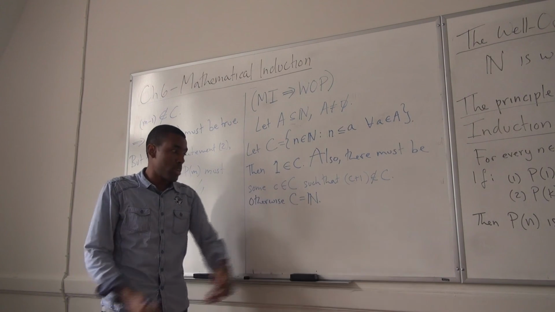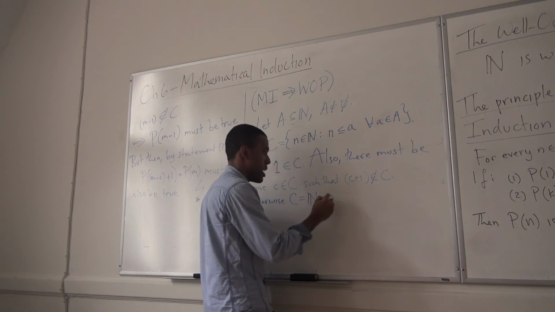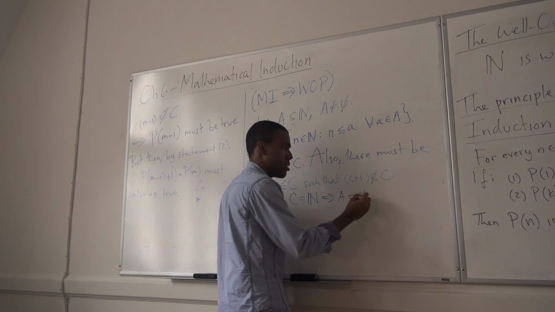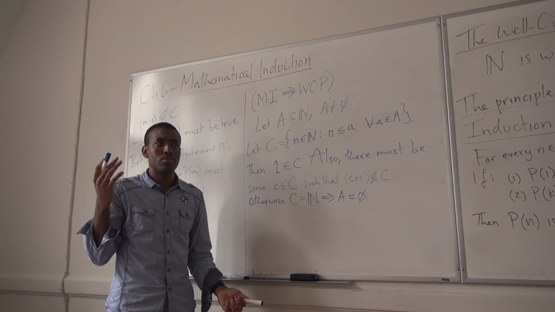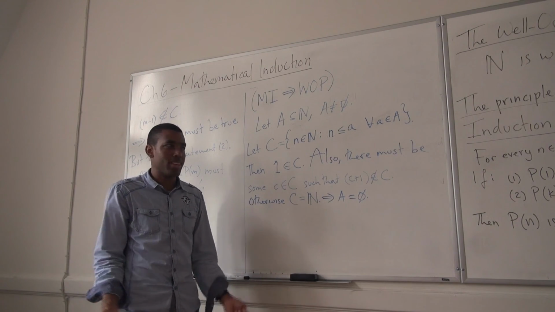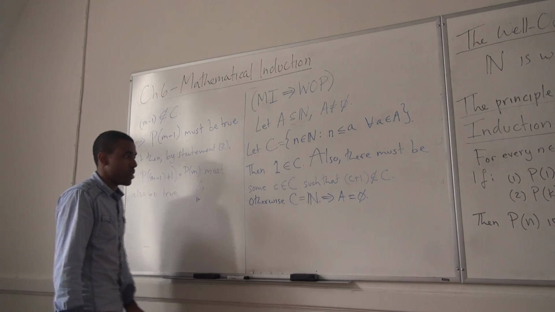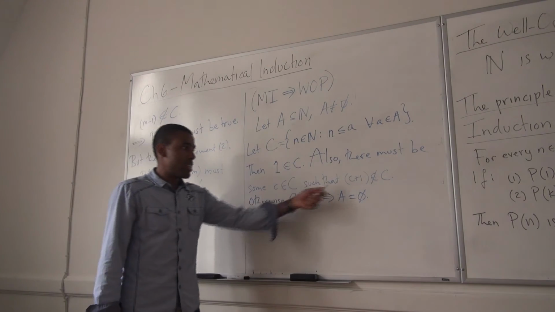C would end up being all of N, which would imply that A would have to be the empty set, because you can't have all of N being less than or equal to everything in A. So I know that this must be true.